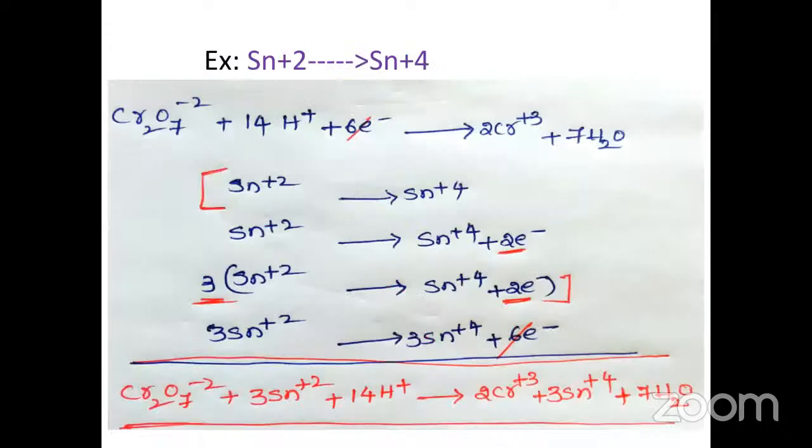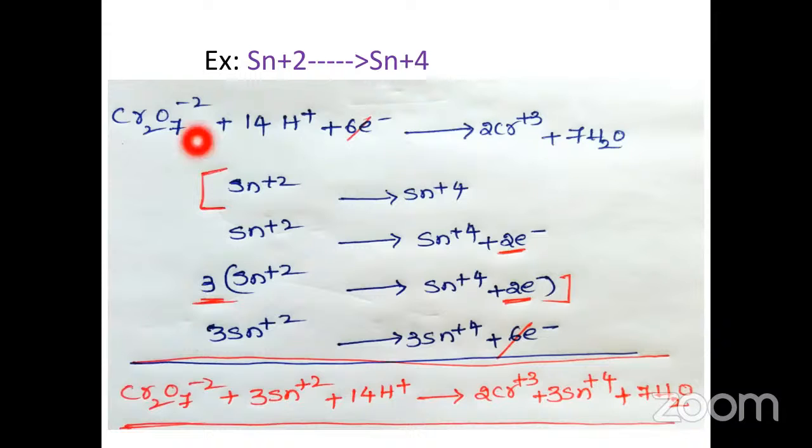Then how does it oxidize these? For example, if it oxidizes Sn2+ to Sn4+, what reaction do we get? First of all, take Cr2O7 2- plus 14H+ and 6 electrons giving 2Cr+3 and water molecules.